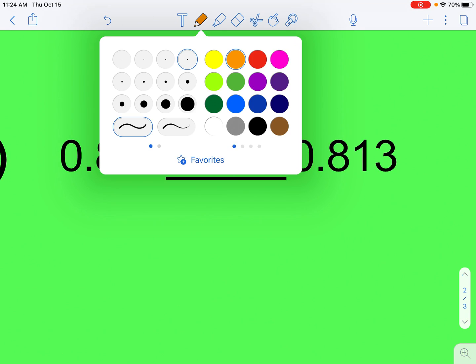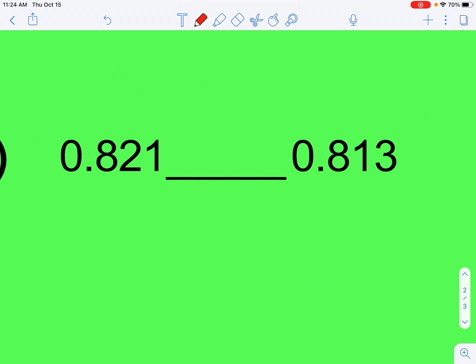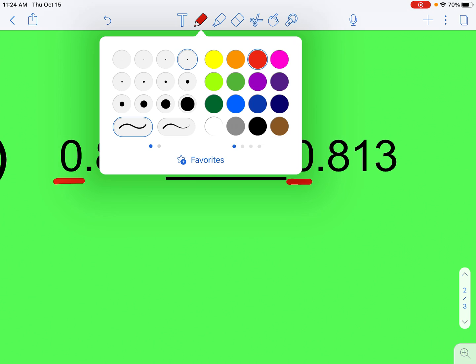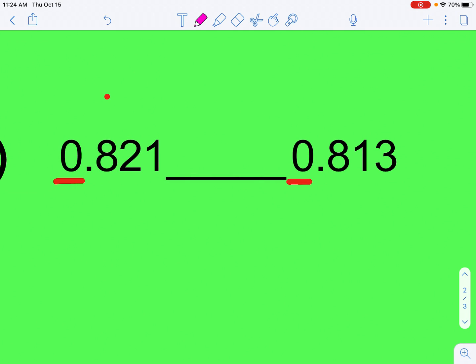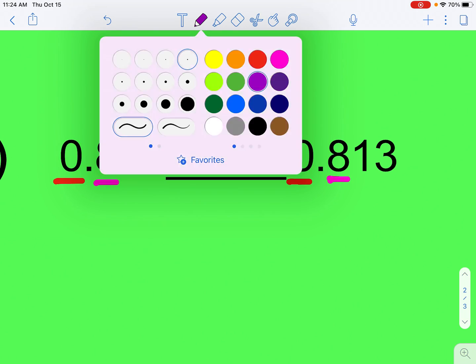Alright, number 3. I'm going to change my colors. This time I have 821 thousandths over here, and then 813 thousandths on that side. I start with my first number, which is a 0 on both sides, so that doesn't really matter. Then I look at my next number. I have an 8/10 and I have an 8/10.